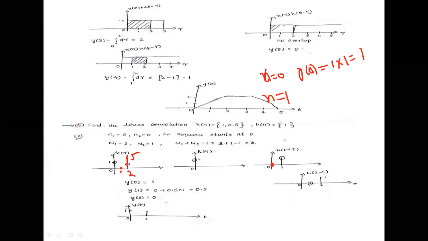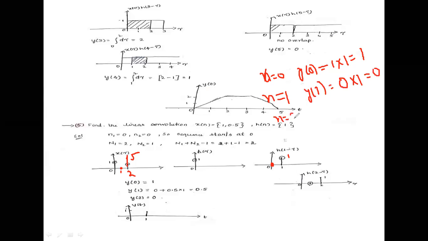The value of x at 1 is 0, and h after shifting one sample to the right has value 1, so 0 into 1 is 0.